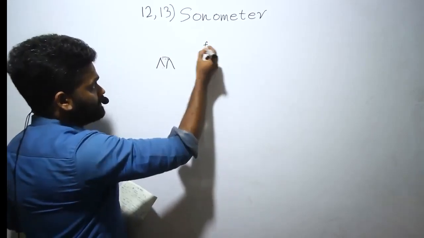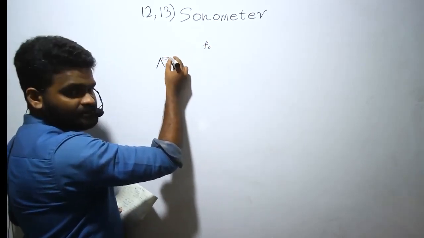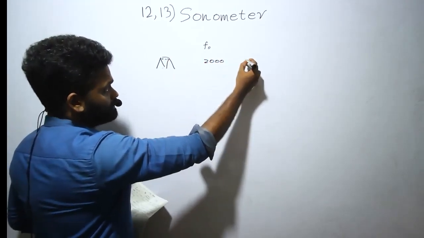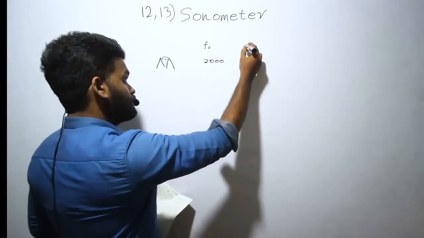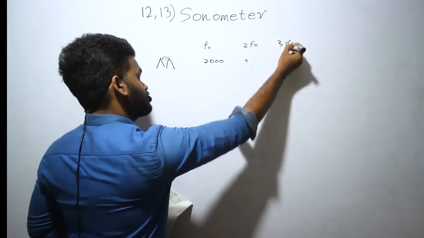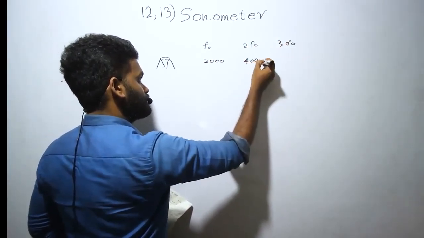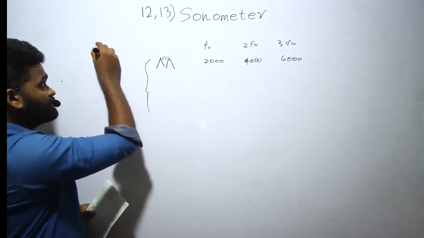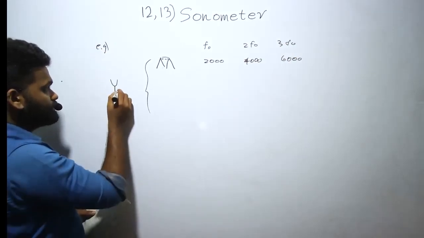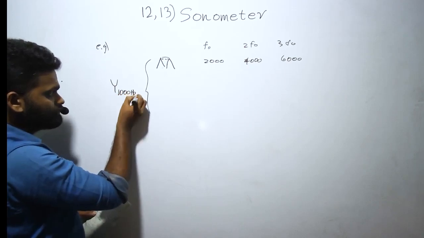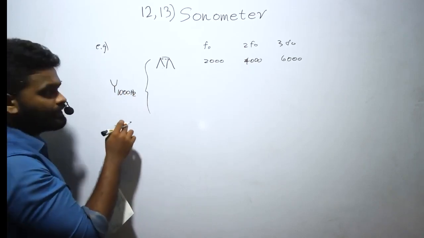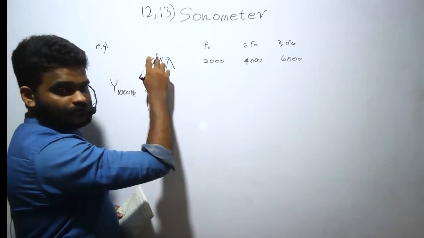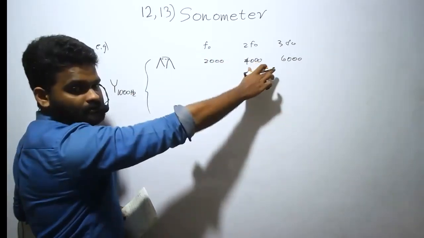Then let's say for this you get F0, 2F0, 3F0. So it is 2000, 4000, 6000. The fork given, for an example, has 1000 hertz. We need to match this with these frequencies of the wire.